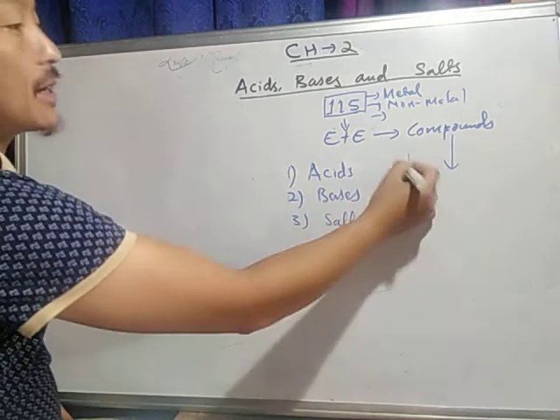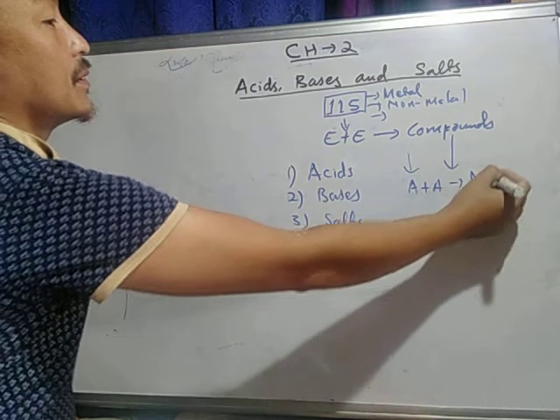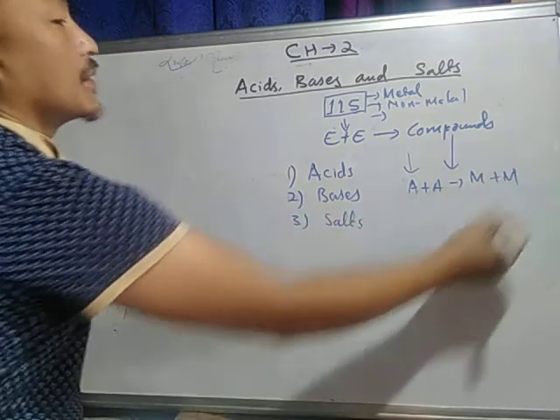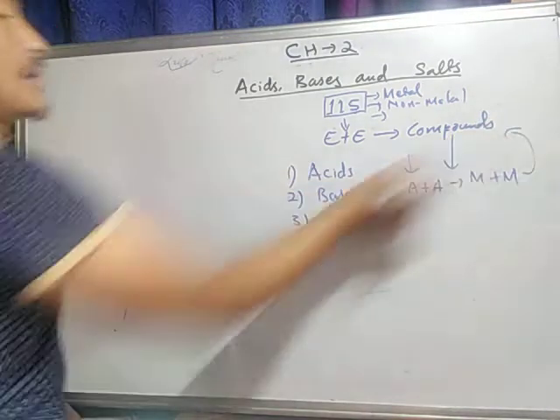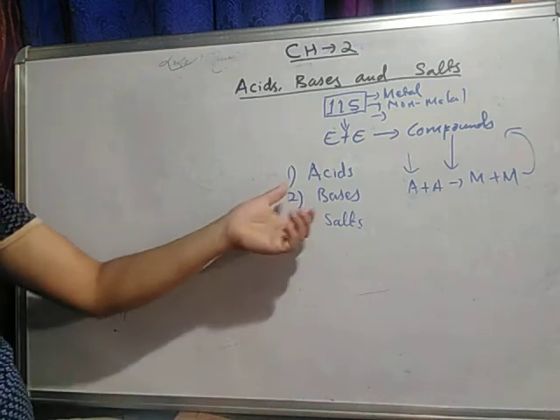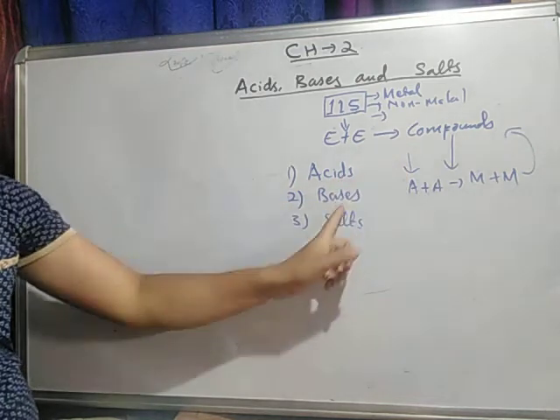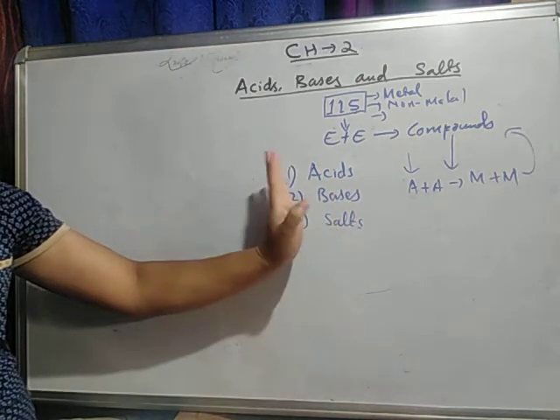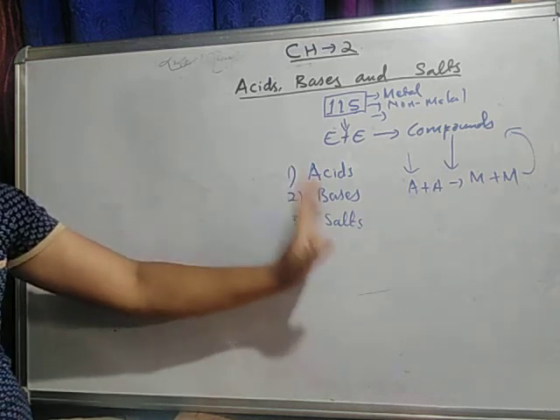You also learned that atom plus atom gives a molecule, and molecule plus molecule, what will you get? Compound, isn't it? Right. So to know whether a compound is acid or base or salt, we have indicators which give us information about the compound.